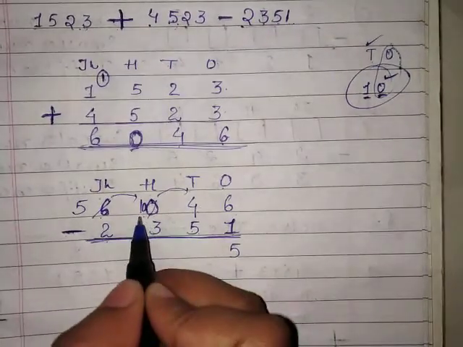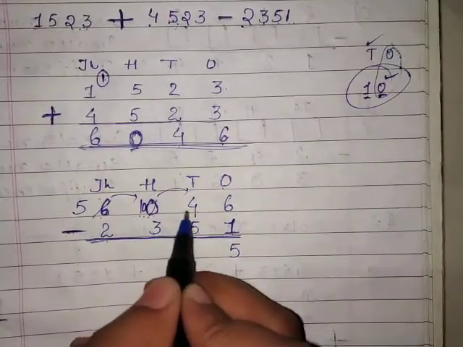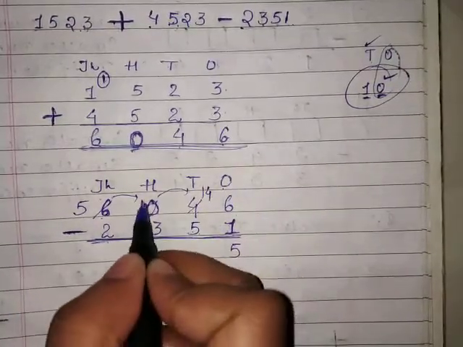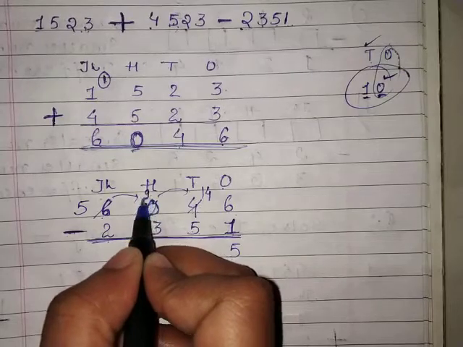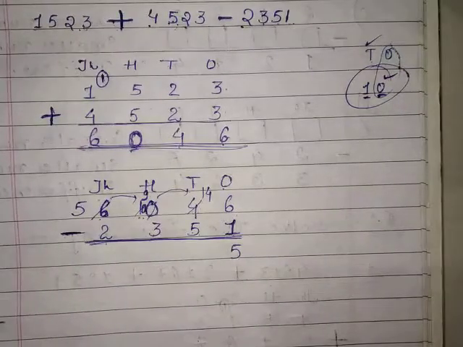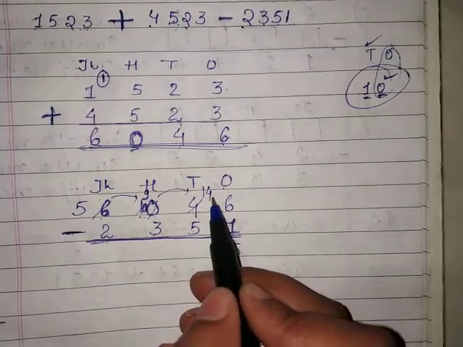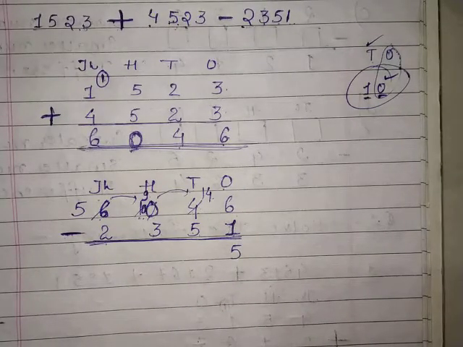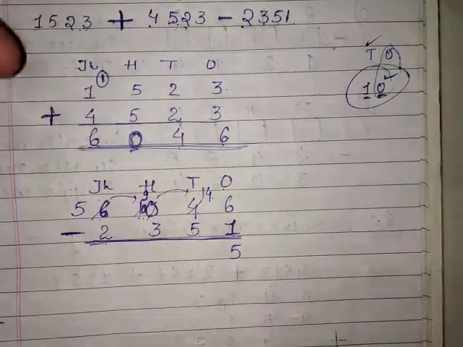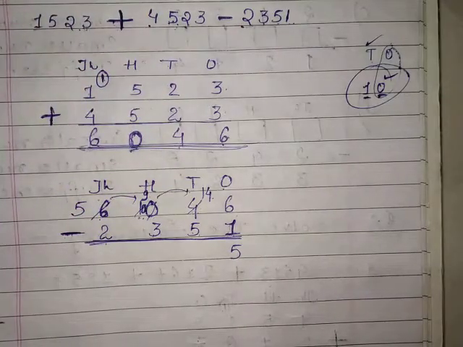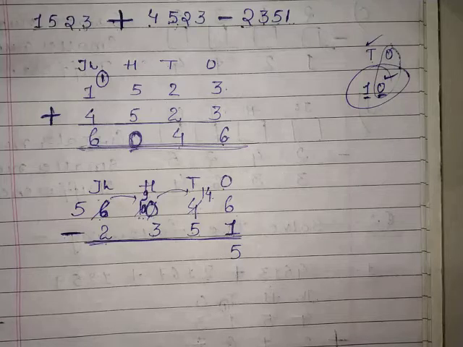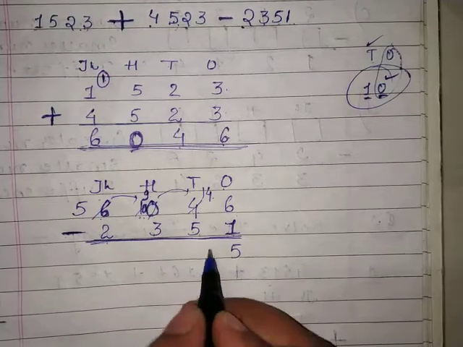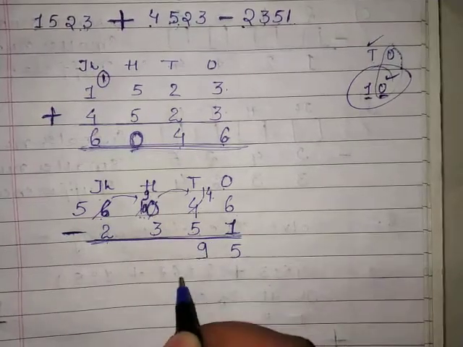Then when this 10 gives a carry to 4, 4 will become 14 and this 10 will become 9. So here now 14 minus 5 we have to do. When we subtract 5 from 14, we will get 9. So here we write 9.